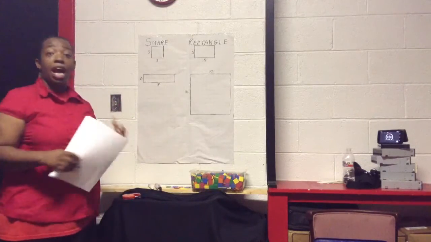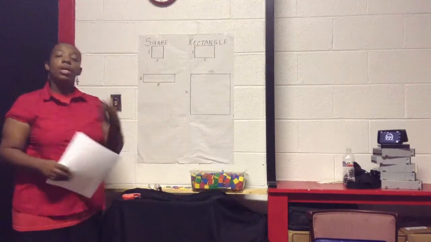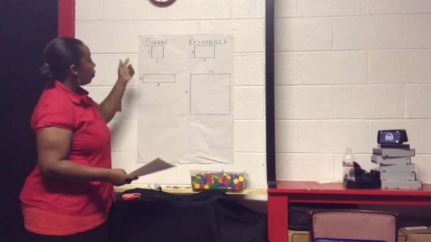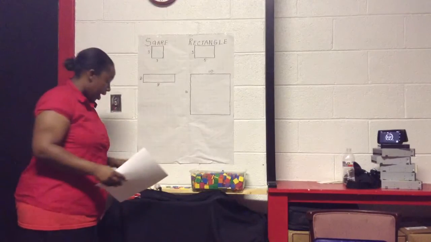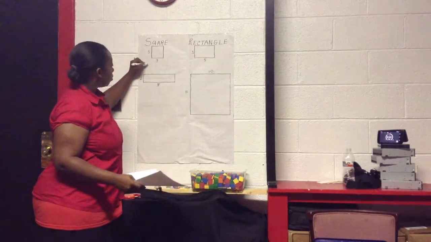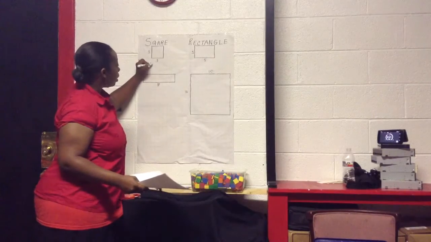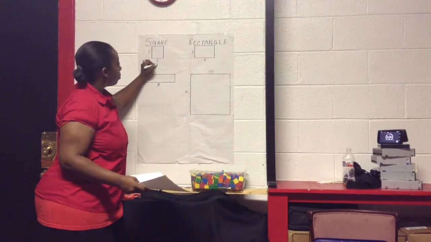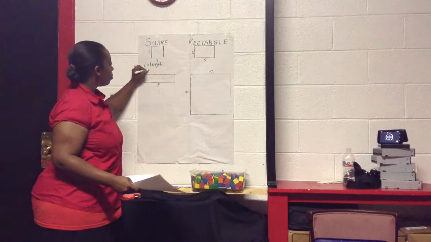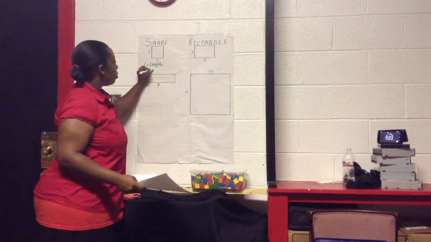The length tells us how long it is, and the width tells us how wide it is. For length, we usually use an L, which represents length, and we use a W to represent width.